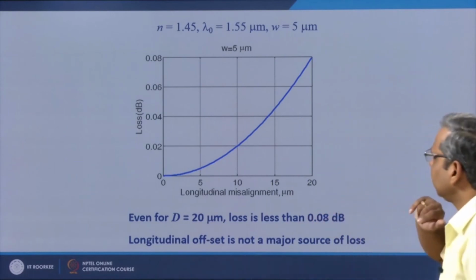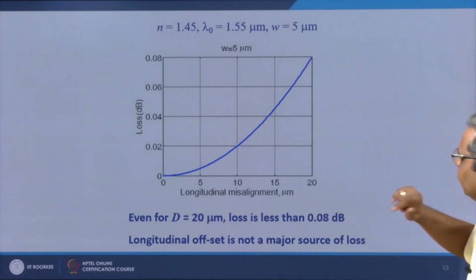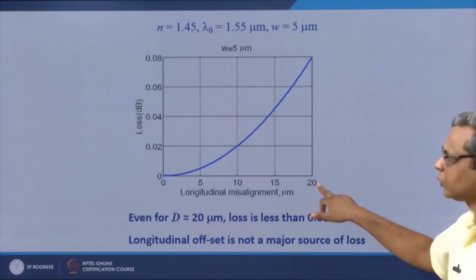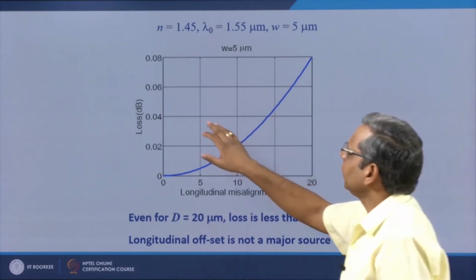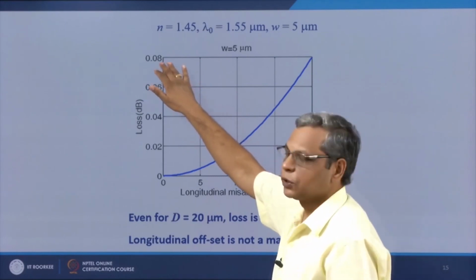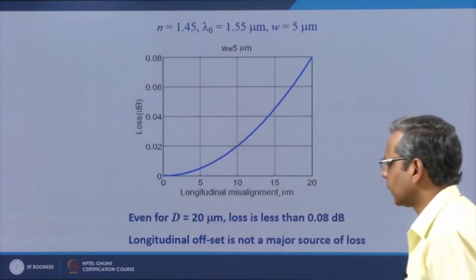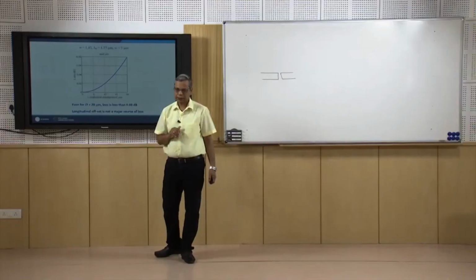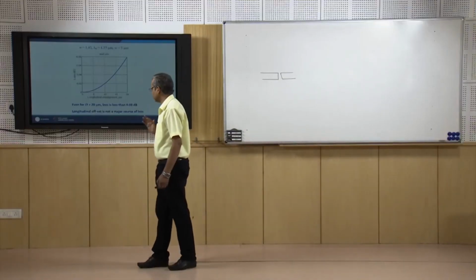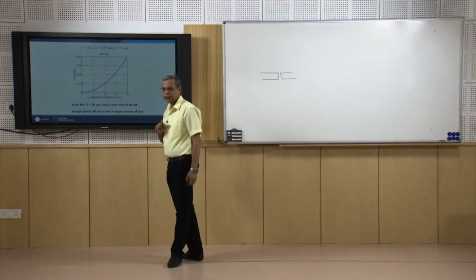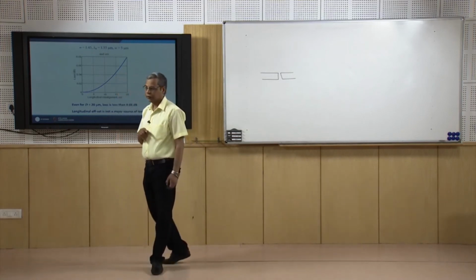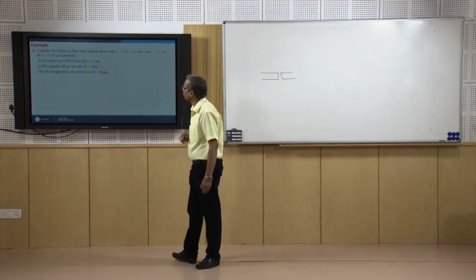What I see is that even for longitudinal misalignment as large as 20 micrometer, the longitudinal offset loss is smaller than 0.1 dB. So, longitudinal offset loss is not a major concern for us. However, the transverse and angular offset losses are quite large if the misalignment is large.